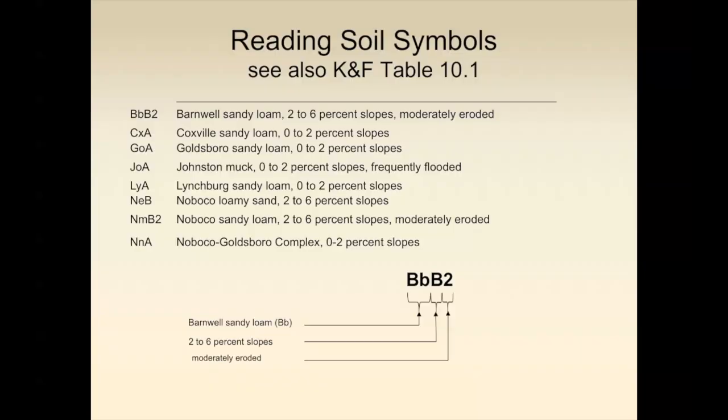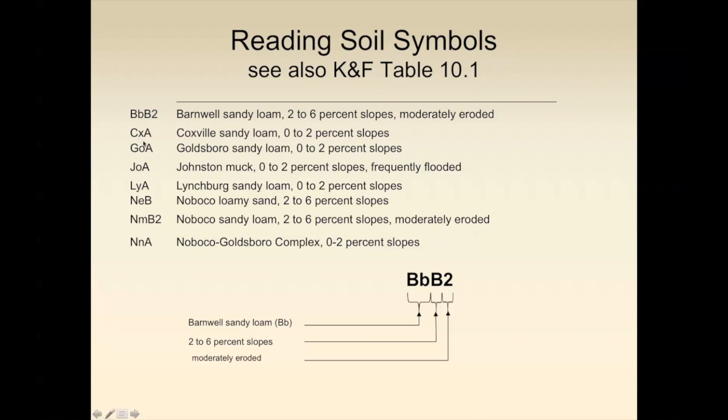Let's go ahead. When we're reading the soil symbols, these are some of the symbols that you're going to come across over here. The first 2 letters, a large and a small letter, are always going to refer to the soil type or the soil series. Over here, the Barnwell sandy loam, and so this is just nomenclature.